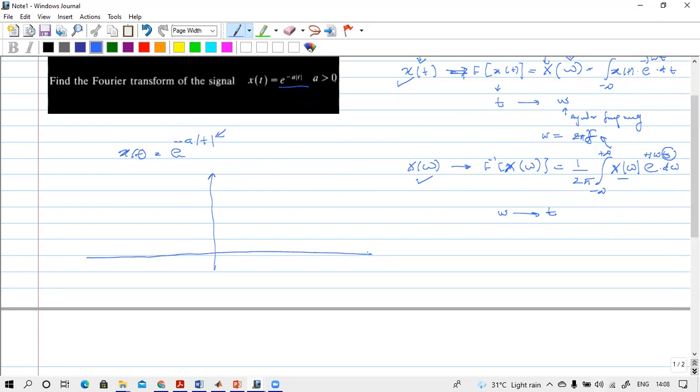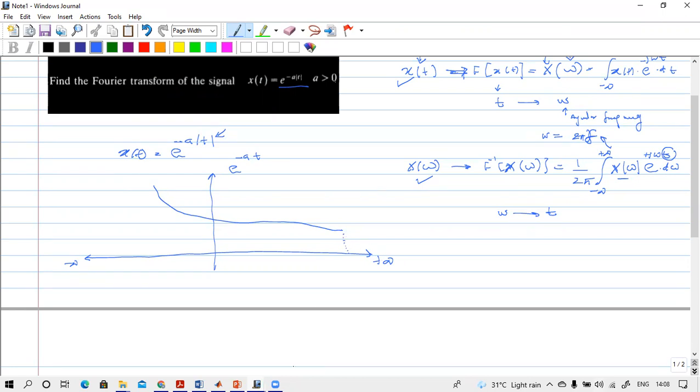If we take the e to the minus a t signal without the absolute value, from minus infinity to plus infinity, you will get this kind of graph, no? Gradually it is reaching 0 at the plus end.